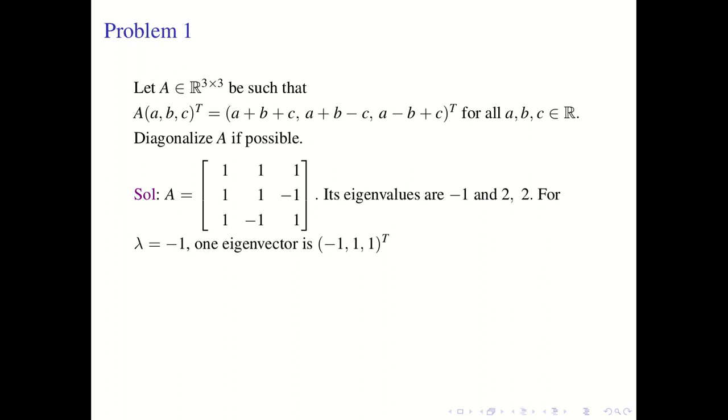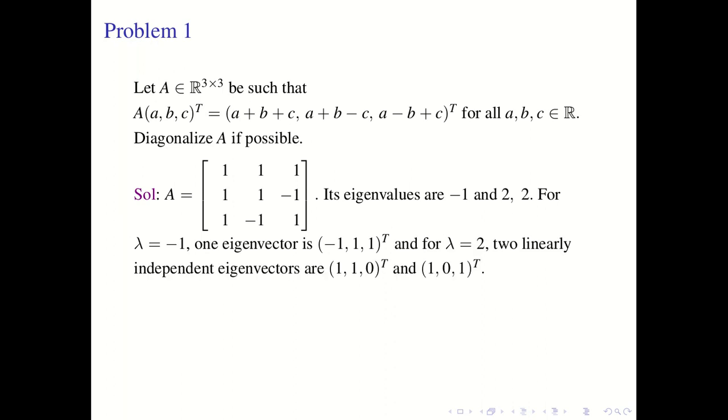Then you get eigenvector (-1, 1, 1). We are not going through the entire process of solving, but when you are doing it, you should go through that process completely. Do not simply believe that this is the eigenvector, you should verify it.